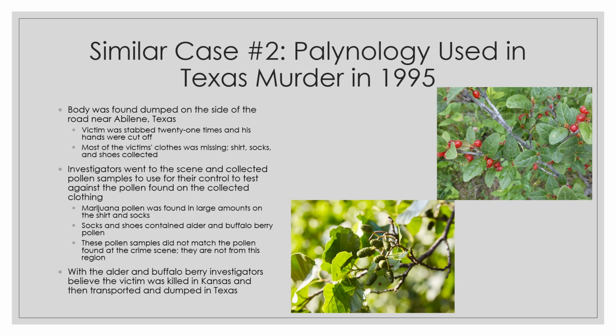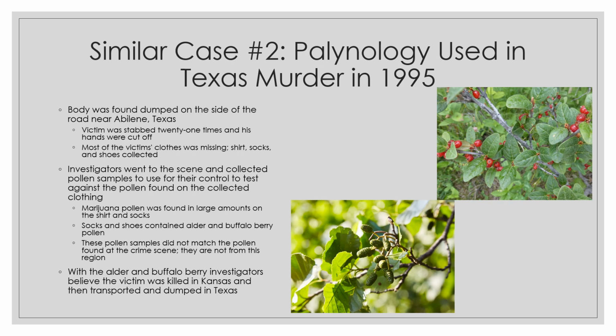Investigators went to the crime scene and collected pollen samples to test against the pollen found on his clothing. There was marijuana pollen found in large amounts on his shirt and socks. His socks and shoes had alder, which is the bottom left picture, and buffalo berry, which is the top right picture.